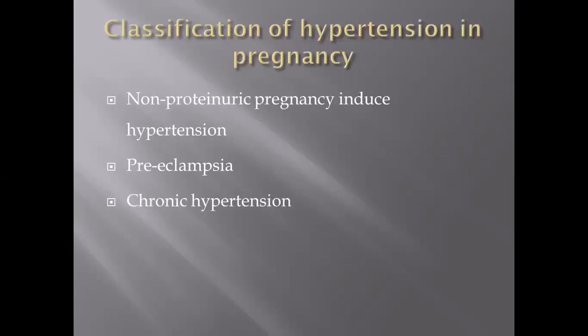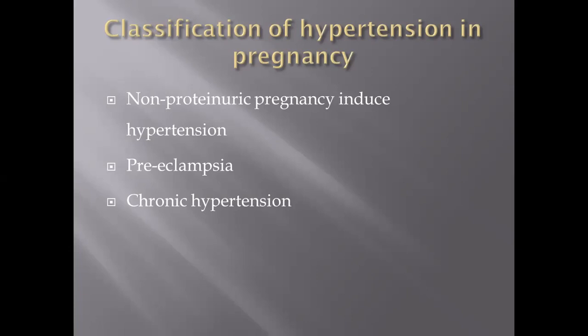Now, classification of hypertension in pregnancy. There is a wide range of classifications of hypertension in pregnancy, but here is a simple classification. A pregnant woman with high blood pressure can be put into one of these three classes.